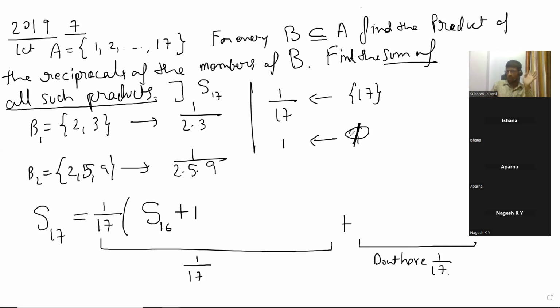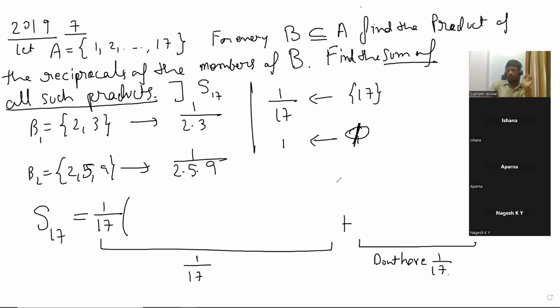Is that fine? Okay. So we will change the question a little bit. I will not write non-empty. I will say let's consider all subsets, and for the empty set, I will always map it to 1. Empty product, I will write 1. So I will create a term for my empty set also, and that will be 1.